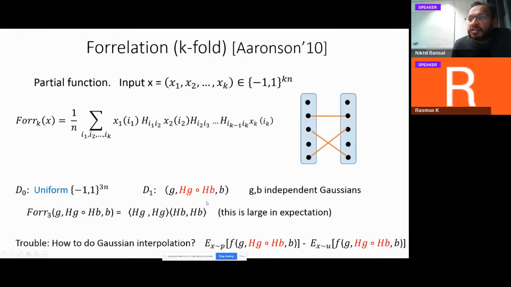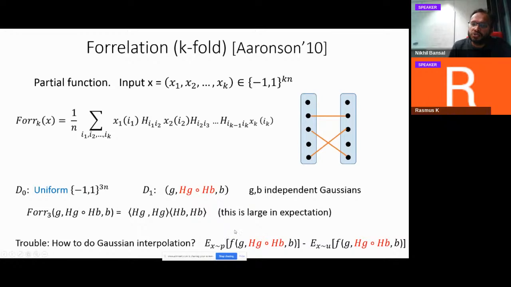The reason is, if you plug this distribution into this formula, you'll get a big number. Again, I'll skip the computation, but basically these are both unit vectors, so the Fourier function is large. So these are two natural distributions where the Fourier function is large.